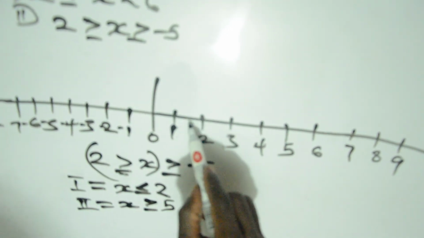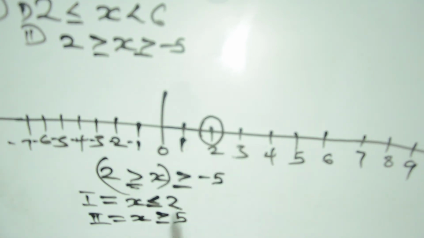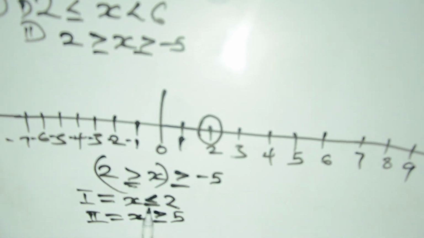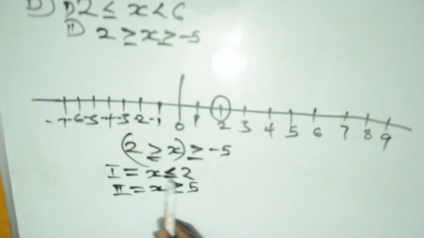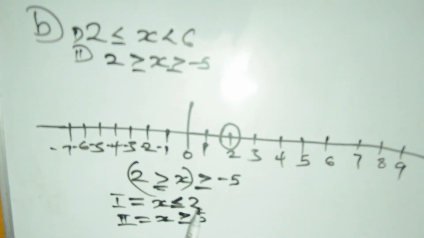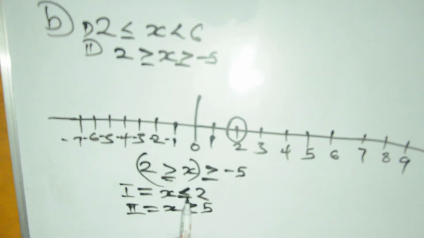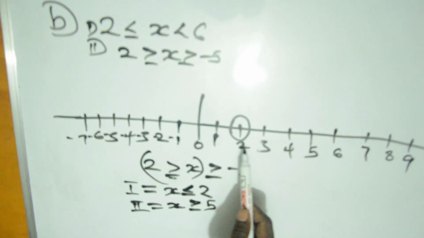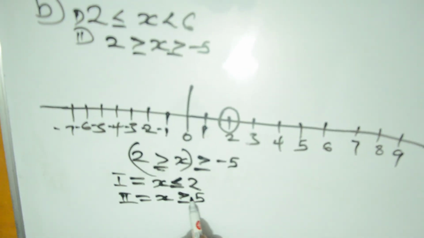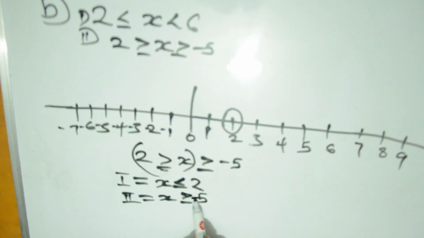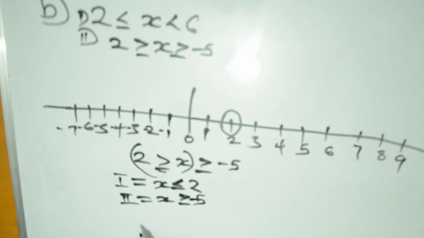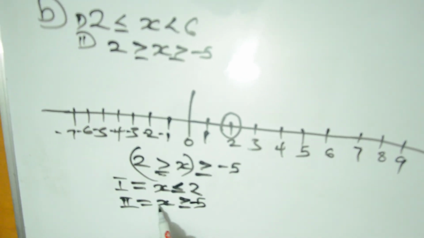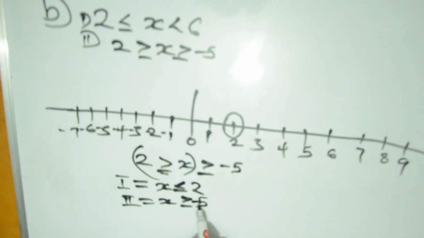Sorry, this is -5. Pardon me, it's -5. So the second inequality will be x is greater than or equals to -5.